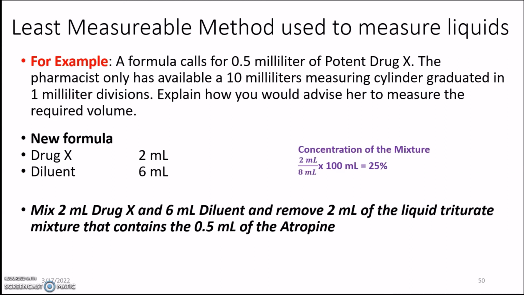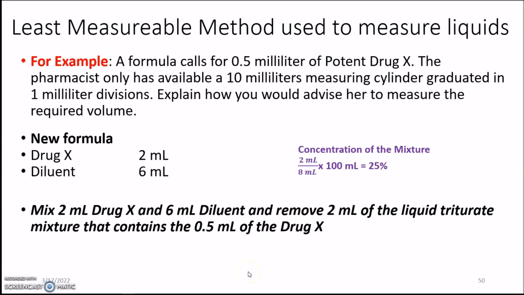Of course, another way of writing the new formula could be drug X 2 mils and diluent QSAD 8 mils. So we will mix 2 mils of drug X and 6 mils of diluent, mix them together, and then remove from that resulting mixture 2 mils that will contain 0.5 mils of the drug.